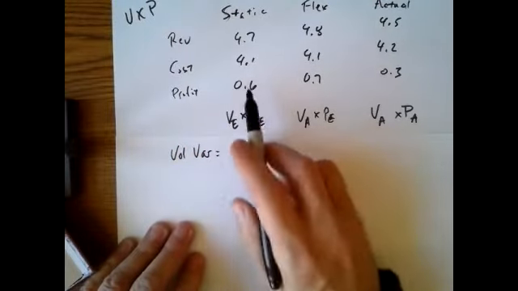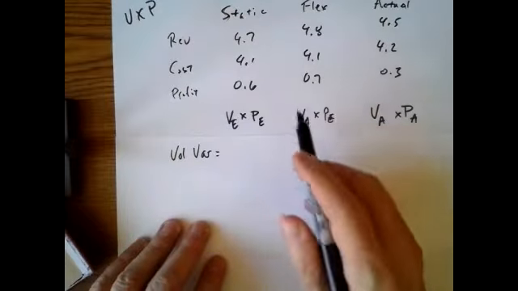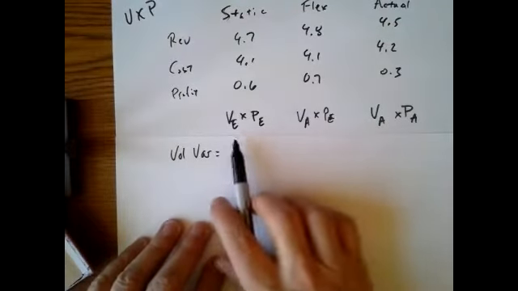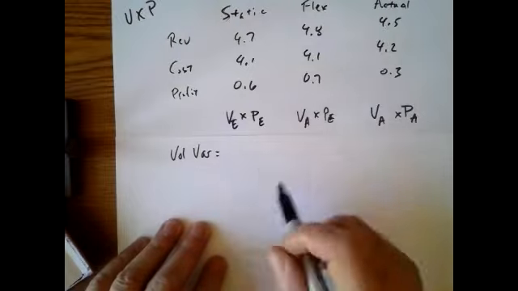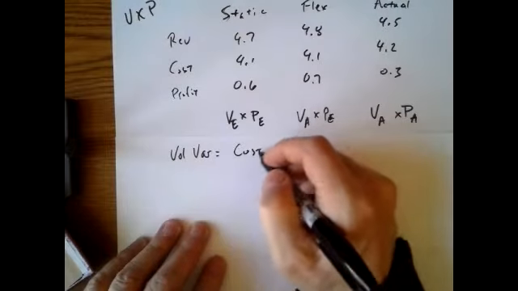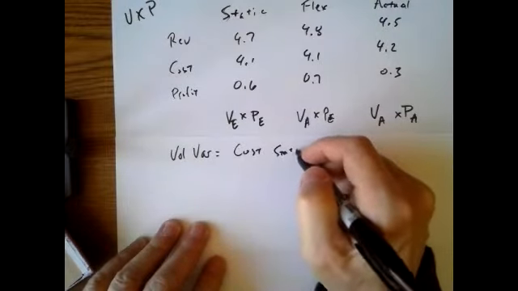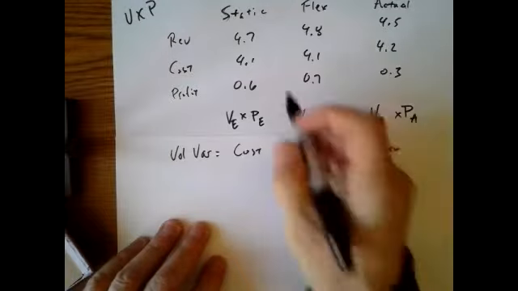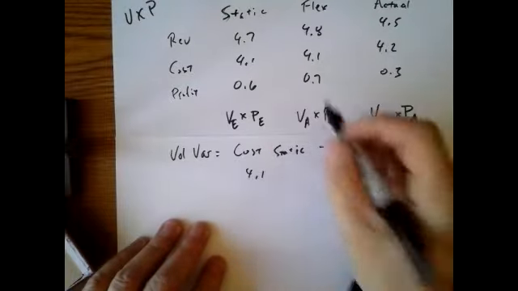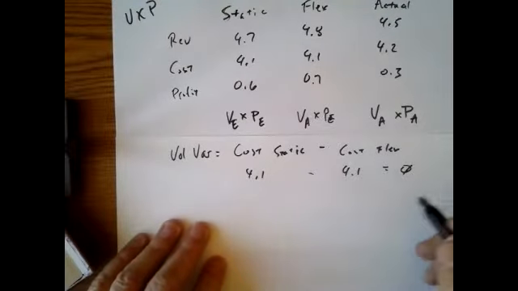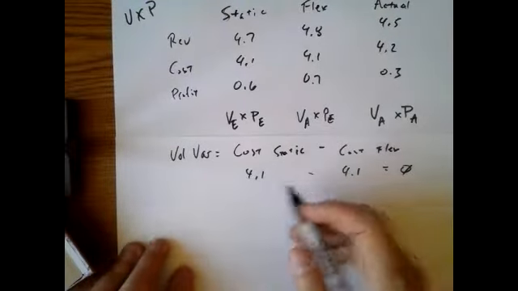We're looking for cost now, and where do we vary volume? It's static and flex, right? Price is held constant, so we want volume variance, and we're going to go left to right, so we want cost static minus cost flex. Cost static is 4.1, cost flex is 4.1, so there's no volume variance on the cost side.